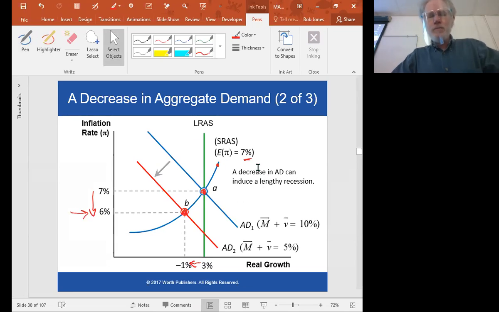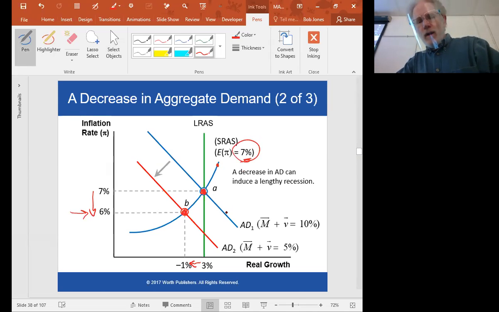Okay, so just to review this, we assume that we started at this point. People were expecting 7% inflation, and that would have happened if the growth rate of spending had remained at 10%. But we're assuming something has happened that has caused the growth rate of spending to drop to 5%.